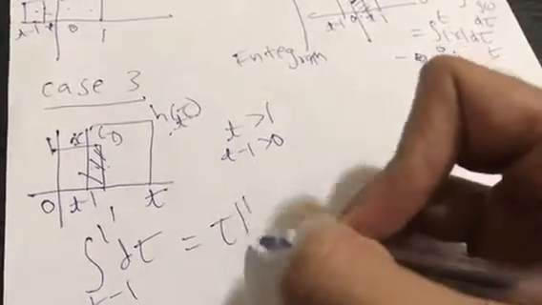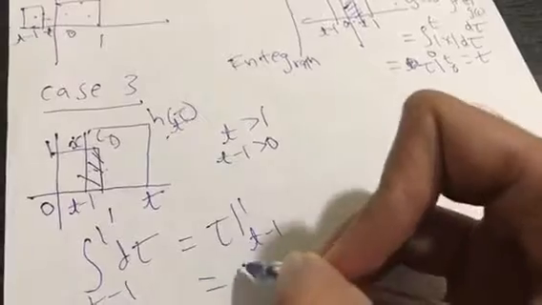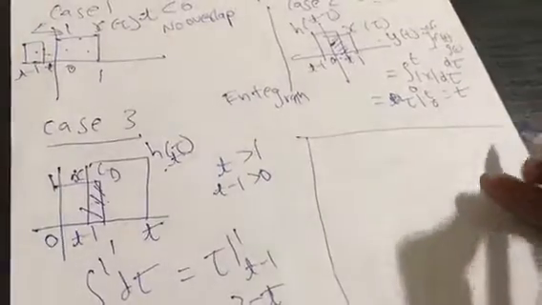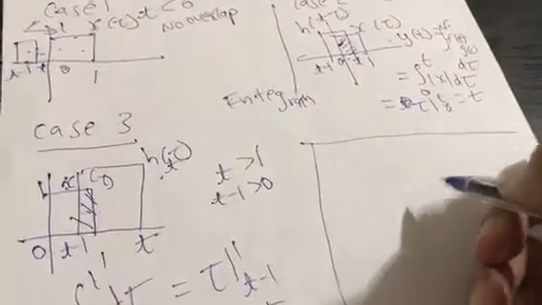Here it will be the same thing: integration from t minus 1 to 1 of d tau, because 1 into 1 d tau is tau from t minus 1 to 1, and we get 2 minus t, and this is the range. So we plot the real convolution graph.